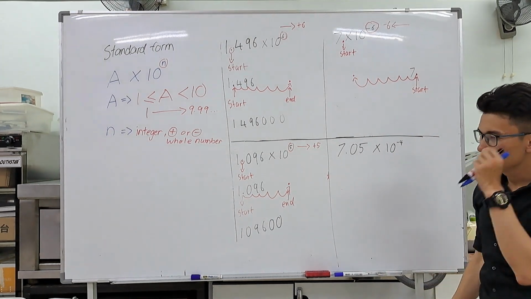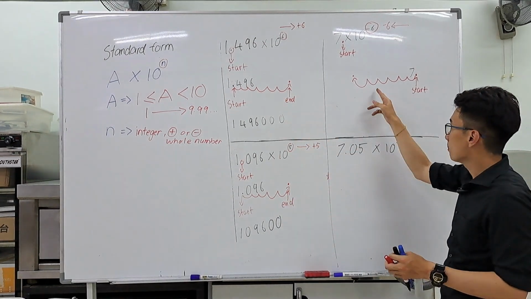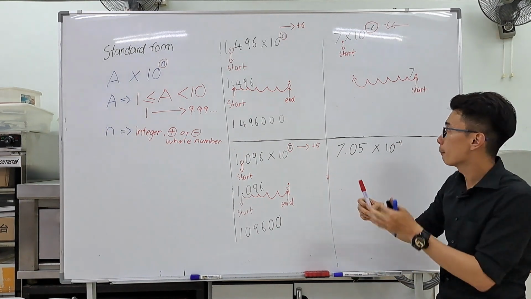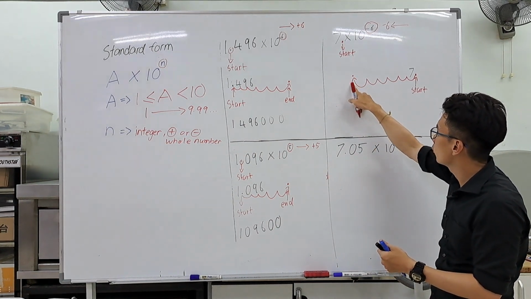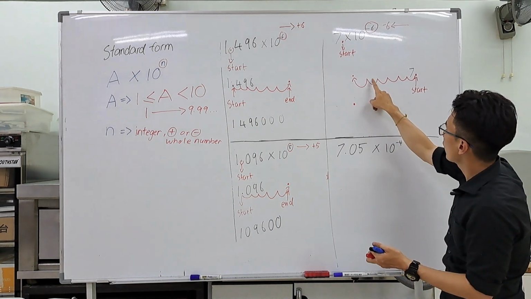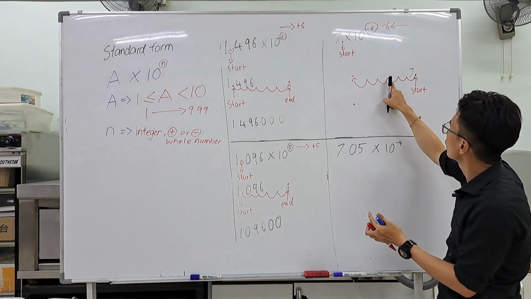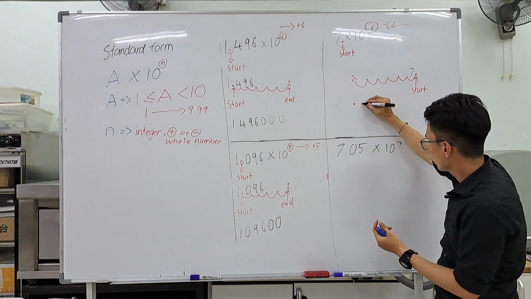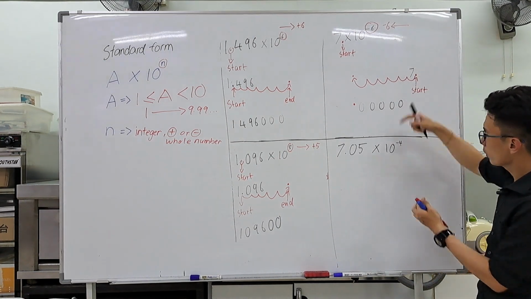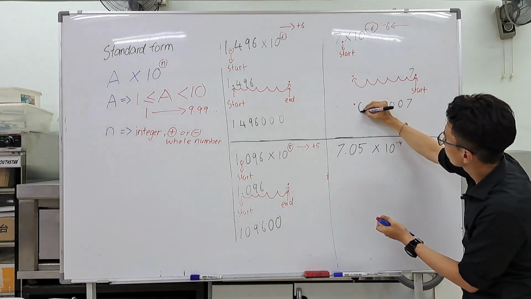Again, all the empty pockets, we will be putting zeros in. My decimal point is here, so I'm going to write it down here. I have 1, 2, 3, 4, 5 empty pockets, which means I have 5 zeros, and over here I will have my 7.